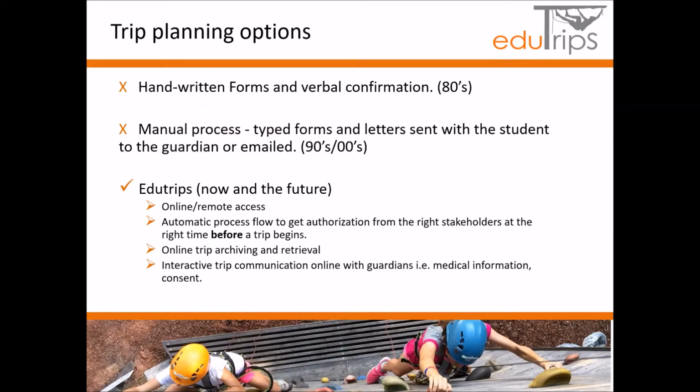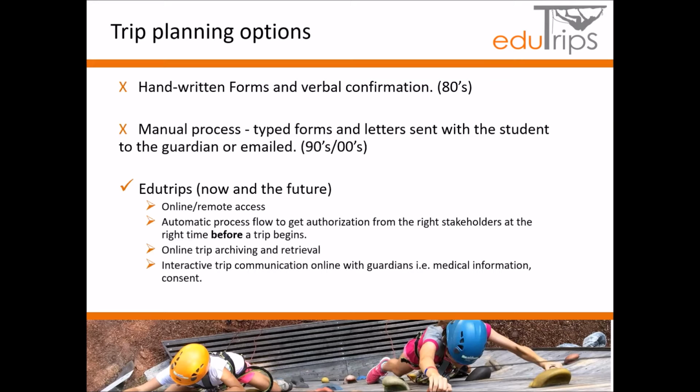However, moving forward, I'd like to introduce EduTrips, which is a revolutionary new online educational visit system. So instead of having manual paper-based processes, everything's online, although at any stage you can print off any of the forms, such as risk assessments and consent forms. So it still gives you the ability to do that.